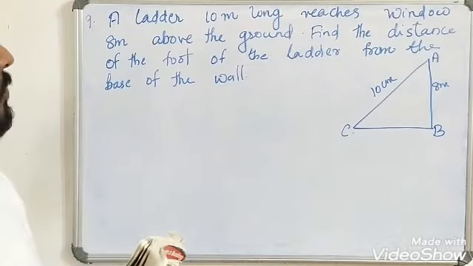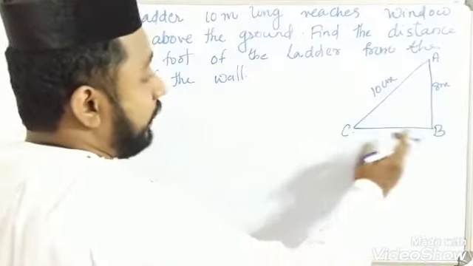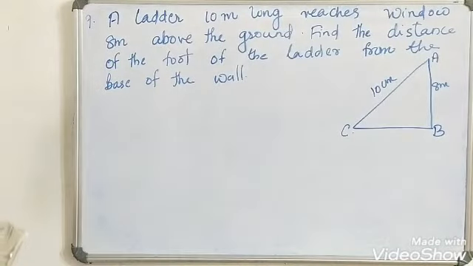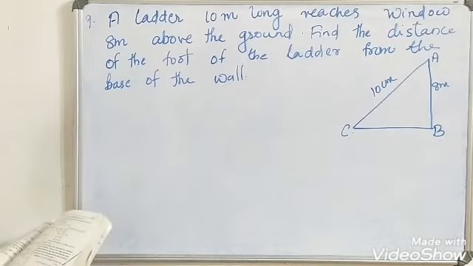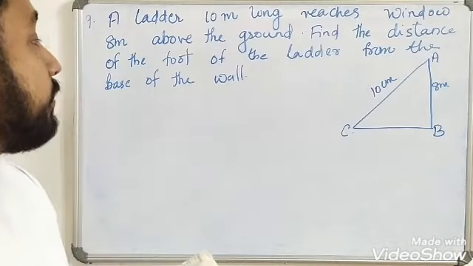We have to find the distance between the foot of the ladder and the base of the wall. Using the Pythagoras theorem, we can easily find it.